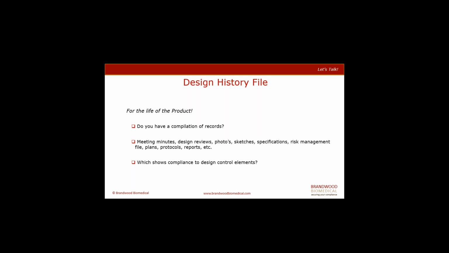So toward the end and through the development cycle, as the design history file is growing in size, do you have a compilation of records, of which those records may include meeting minutes, design reviews, sketches, specifications, photos, your risk management file, plans that have been developed, protocols and reports? These will show compliance to design control elements.